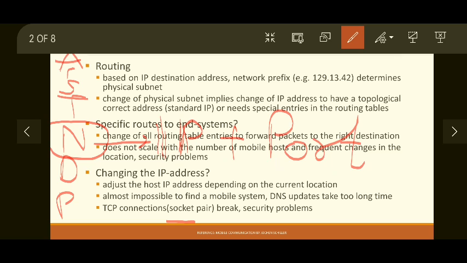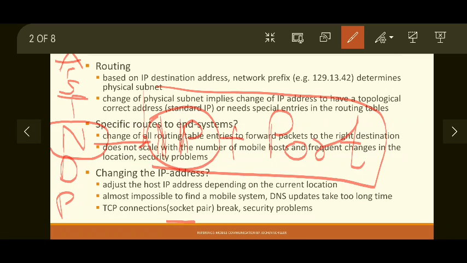Source socket will remain constant because its IP is not changing. But if destination socket is changed because of change in the IP address, if IP address is changed, this socket will also change. So if destination socket is changing, then it is breaking the TCP semantics. Okay, so TCP semantics are broken in case of changing of the IP address, because that completely changes the socket, and that forces the security problems at the transport layer.